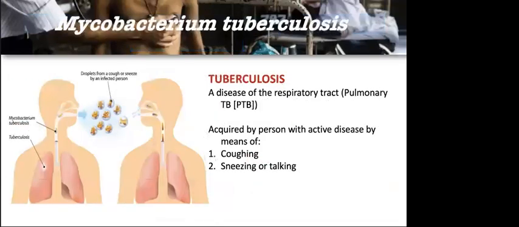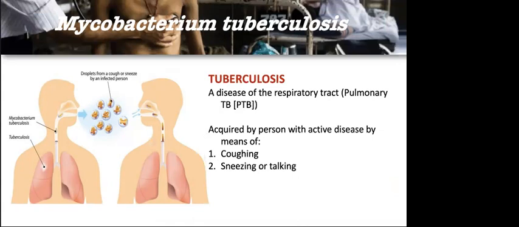Now, Mycobacterium tuberculosis is again the agent of the infection tuberculosis, which is usually a respiratory tract infection. So the most common form is the pulmonary TB. So this can be acquired by people who are exposed to those who are positive for the bacilli.